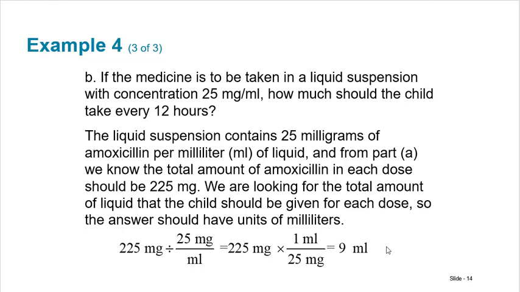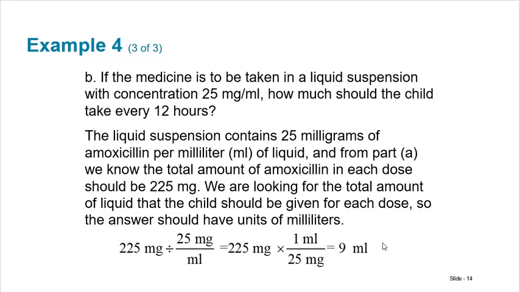basically how many milliliters they need. So again, we use the conversion line. We've got 225 milligrams is what we need, and we need to divide that by this conversion rate, but it's easier to just always do multiplication where we use that conversion rate of 25 milligrams per 1 milliliter. We just flip it and put it on the bottom so that the milligrams will cancel. So we can cancel out milligrams and we're left with milliliters on top, and we do 225 divided by 25 and we get 9 milliliters.